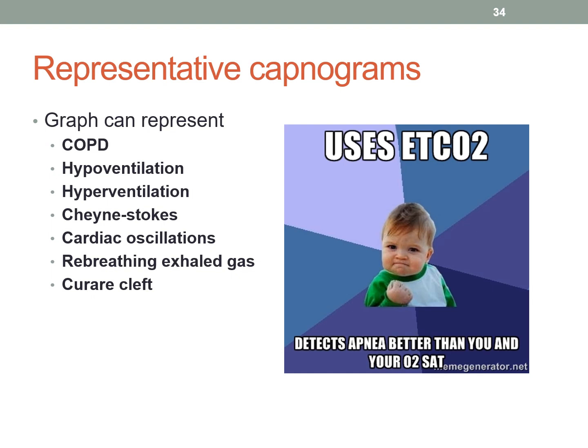Alright, so again, this whole graph can represent COPD. We can look at airway obstruction, hyper or hypoventilation, different types of respiratory patterns such as Cheyne-Stokes breathing, cardiac oscillations, rebreathing your exhaled gas, or if you have that curare cleft.